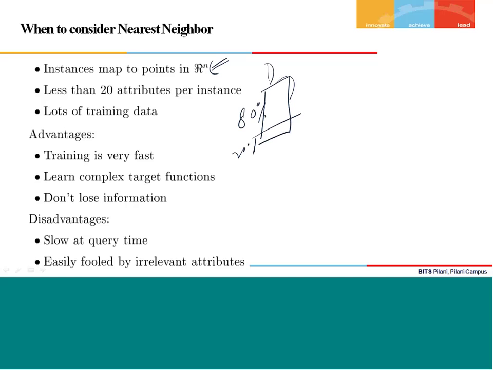You use the 80% for training your hypothesis. When you come up with a hypothesis, you want to check how good it is, so you use the 20% data to find out whether it gives the same results as my true data function. If it does, then that's fine.